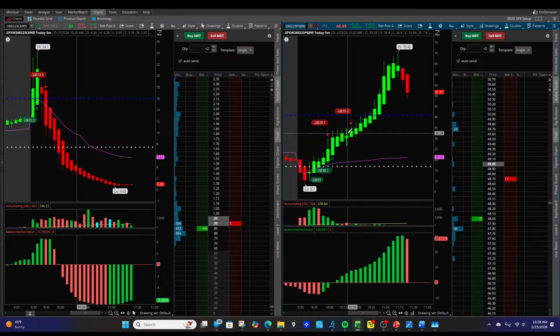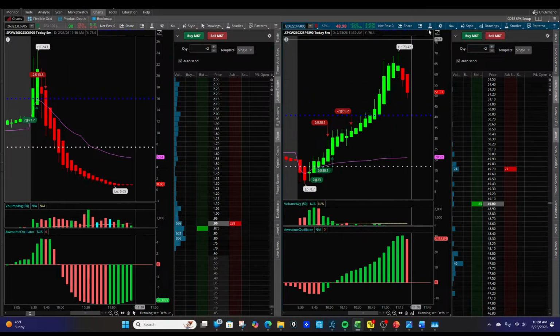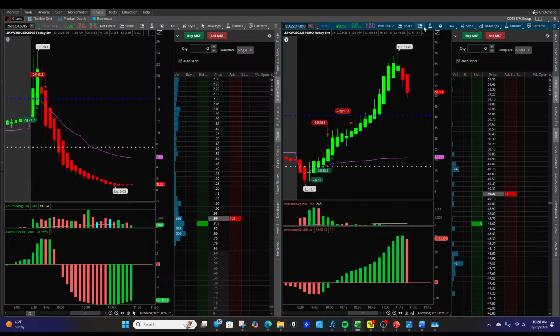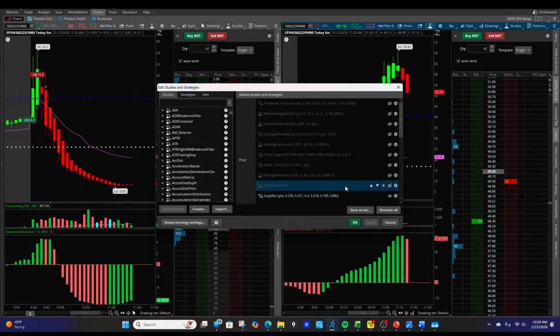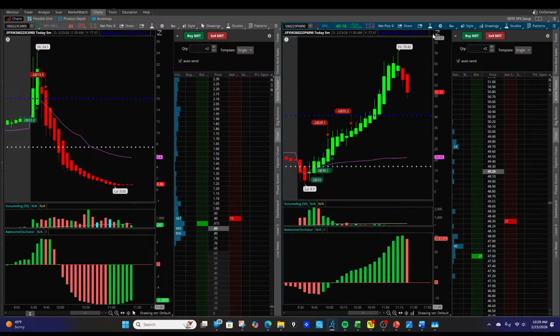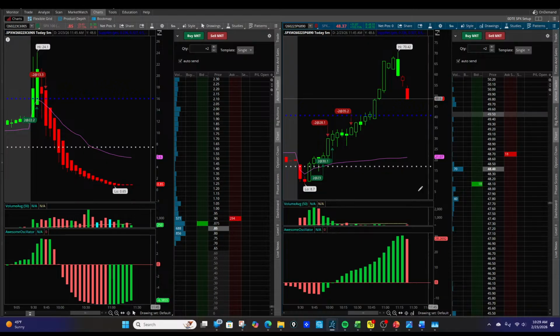And what I love about Heikin-Ashi candles is they smooth everything out. If we look at the normal candle, let's see how I can get to that. Here it is, style. If you press style, you can go and change the type of candle. The candle trend, look at that.